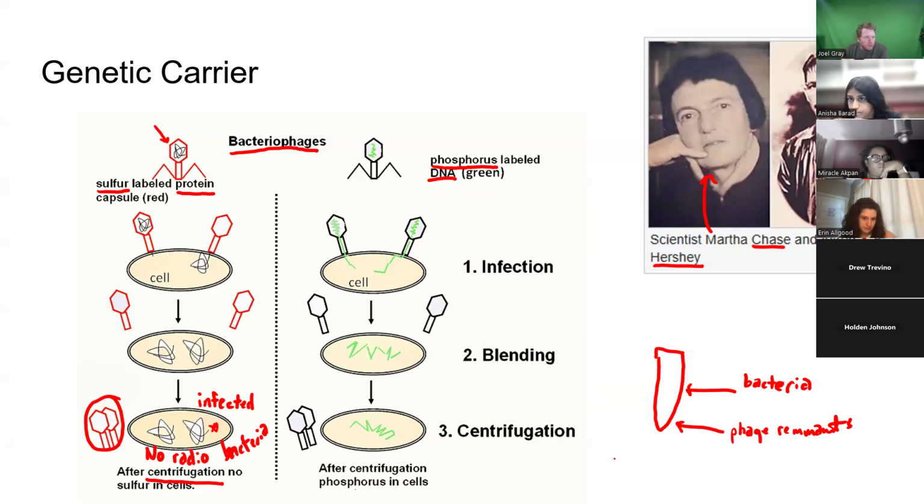So they looked for it and they said, oh, the phage remnants at this step, not radioactive. Meanwhile, the bacteria was indeed radioactive.